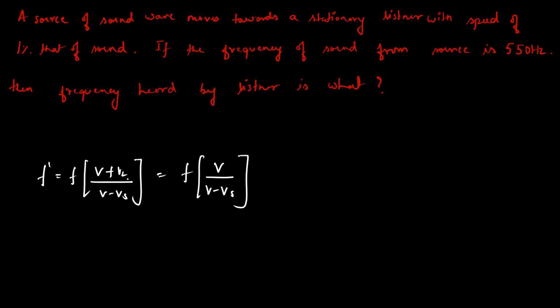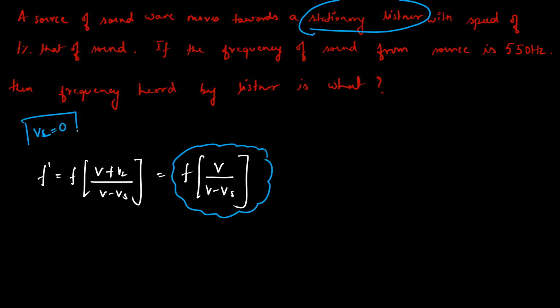But anyway, vl will be equal to 0, right? So this is the formula essentially that I have to consider. Vl is equal to 0 because it is a stationary listener. Now, what is given?